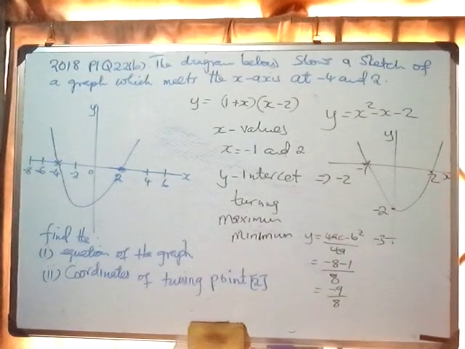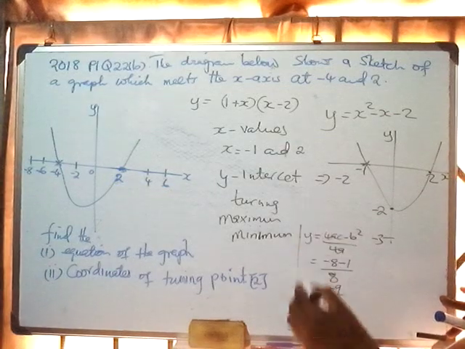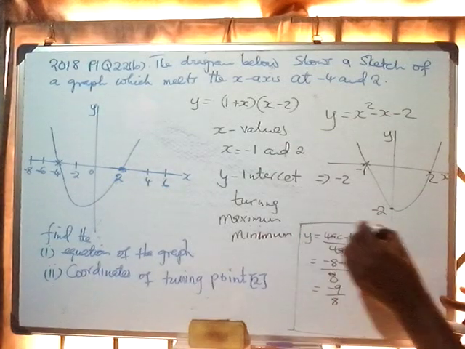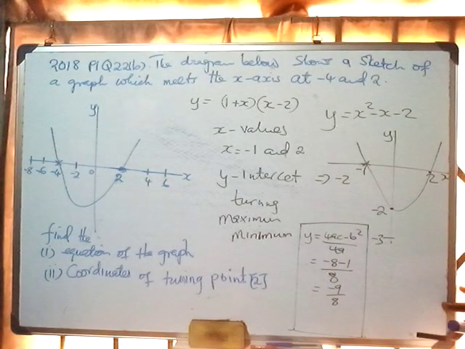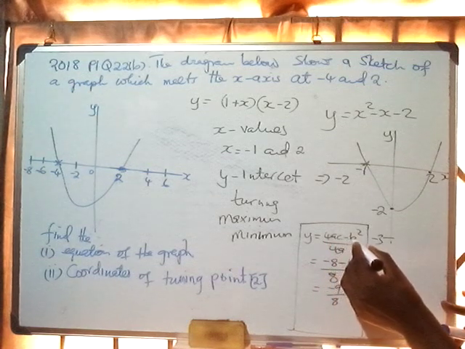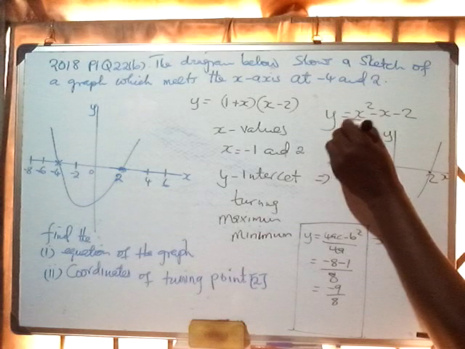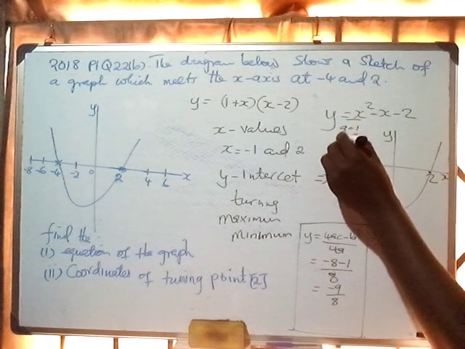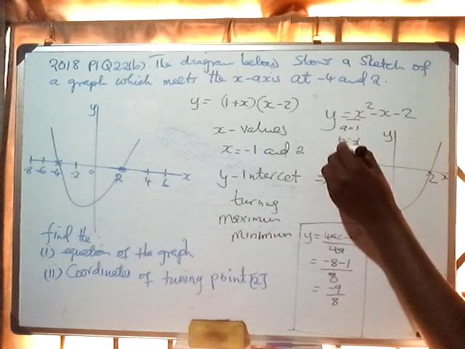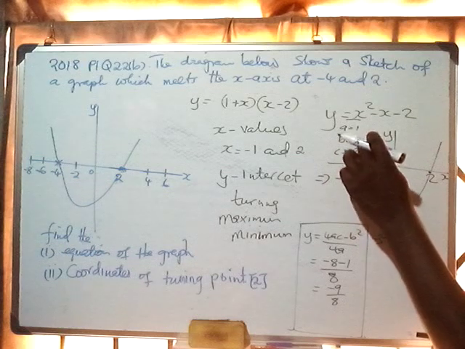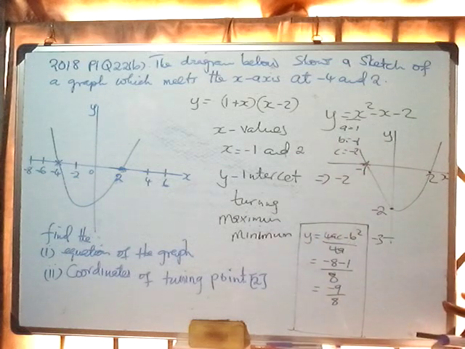We are going to use the same formula we use to find the minimum or the maximum. So 4ac minus b squared over 4a. What is our a there? Our a is 1. What is our b? -1. What is our c? -2. So we replace.